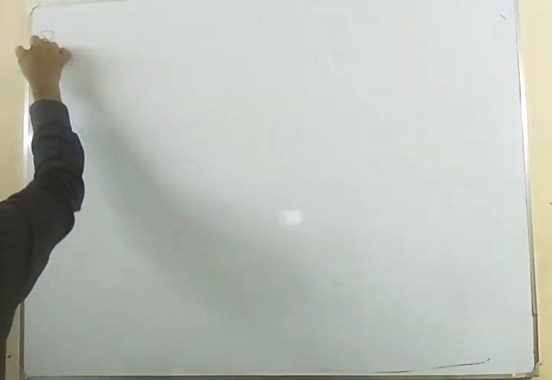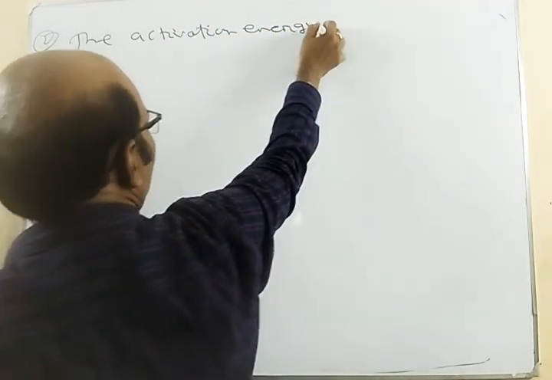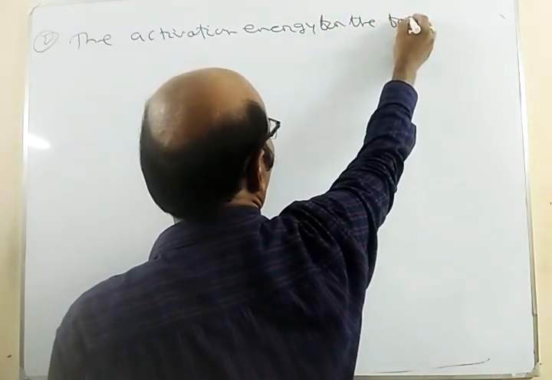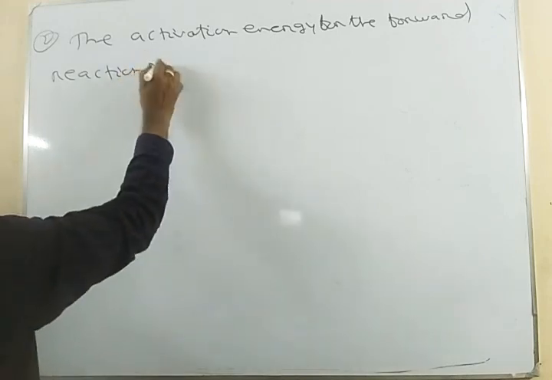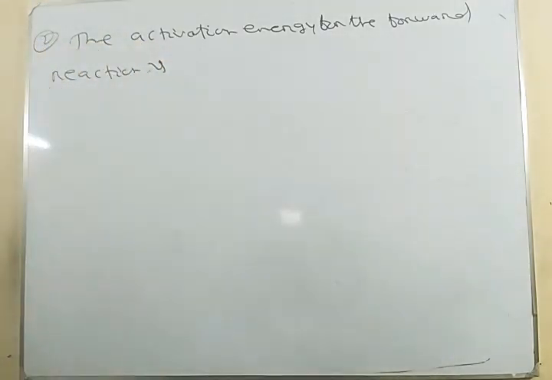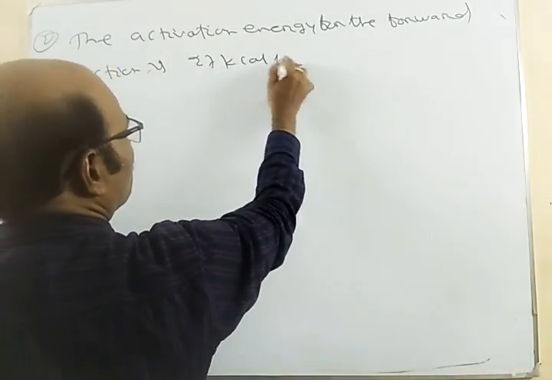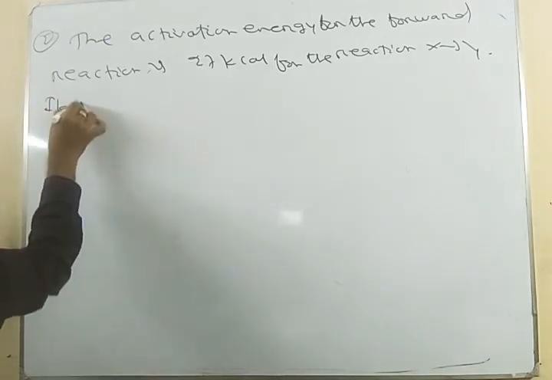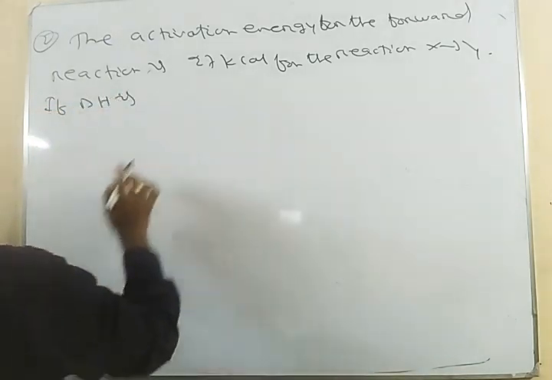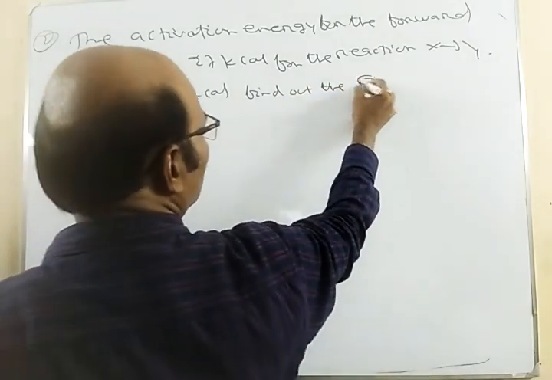The activation energy for the forward reaction is 27 kilocalorie for the reaction, if delta H is minus 80 kilocalorie. Find out the EAB.